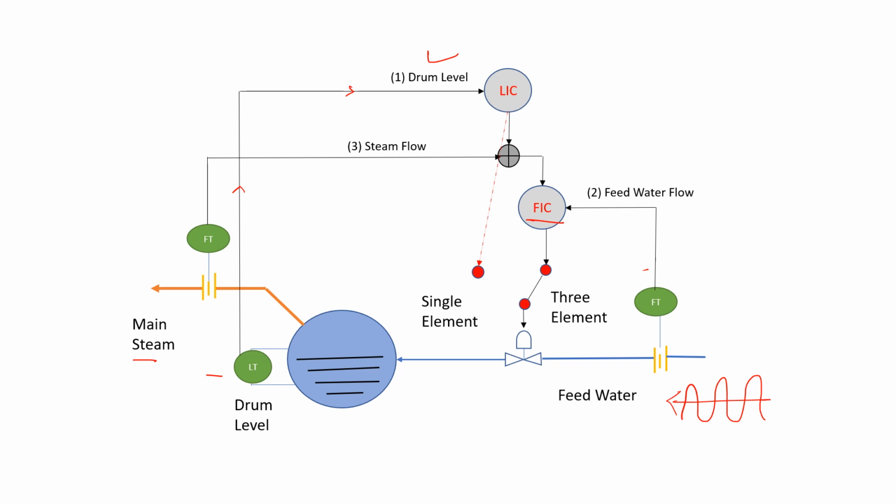So the main steam flow can be added to the output of the level controller, and this combined output goes as a set point to the flow controller. Here the steam flow acts as a feed forward control loop.